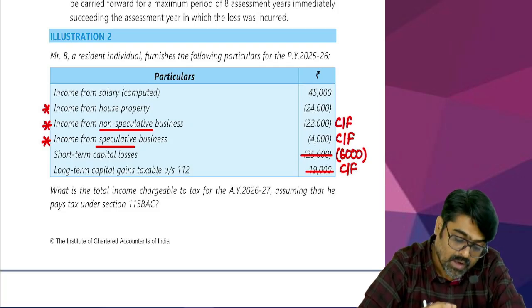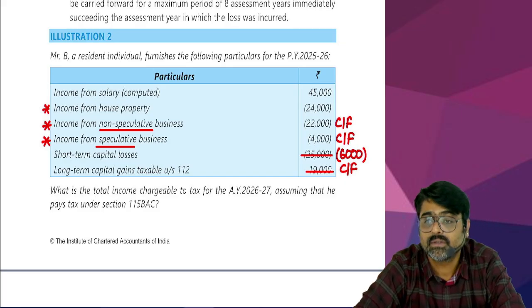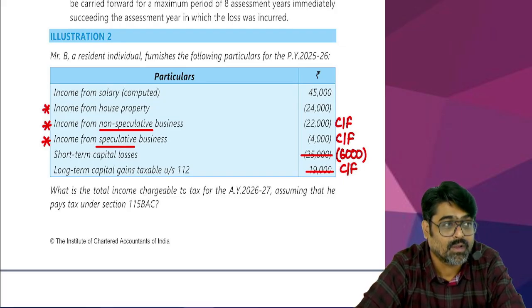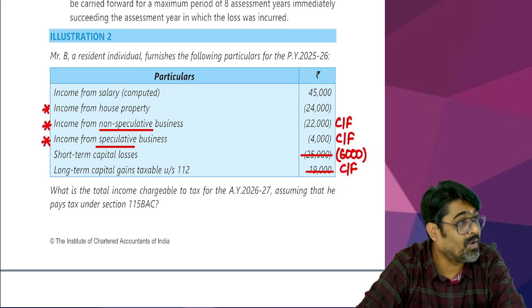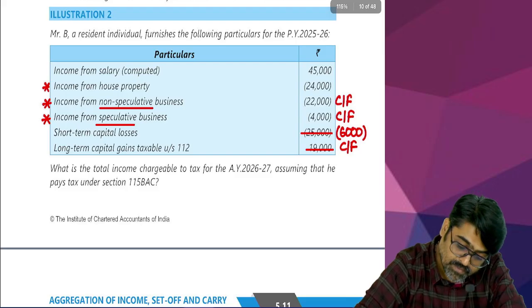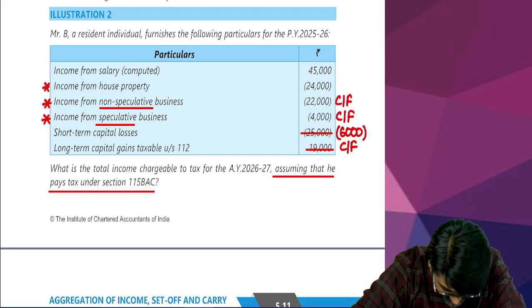Do you have a house property loss? It can be very well set off against. But for that, you should not be following 115BAC. Yes or no? If you follow 115BAC, then this loss will also not be allowed, and it will not be allowed for carry forward also. Yes or no? So now read the last line. Assuming that he pays tax under section 115BAC.